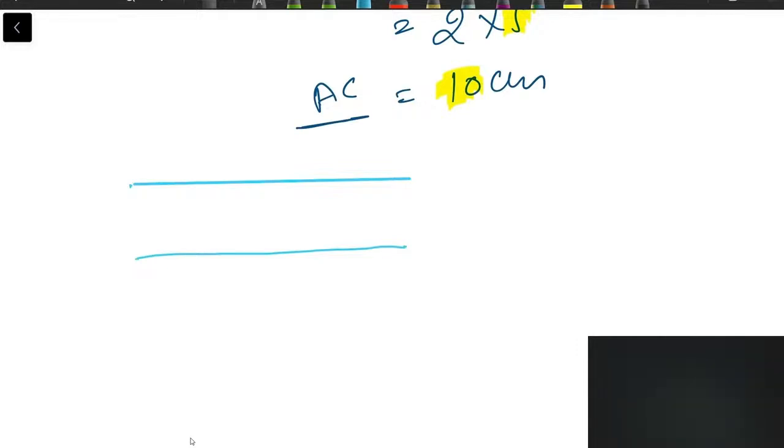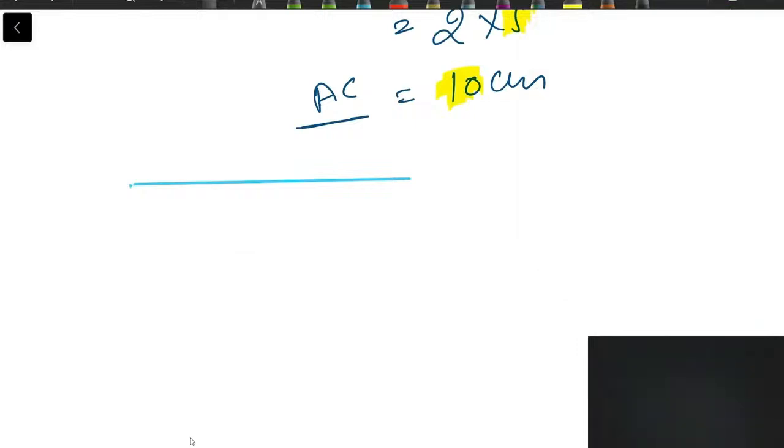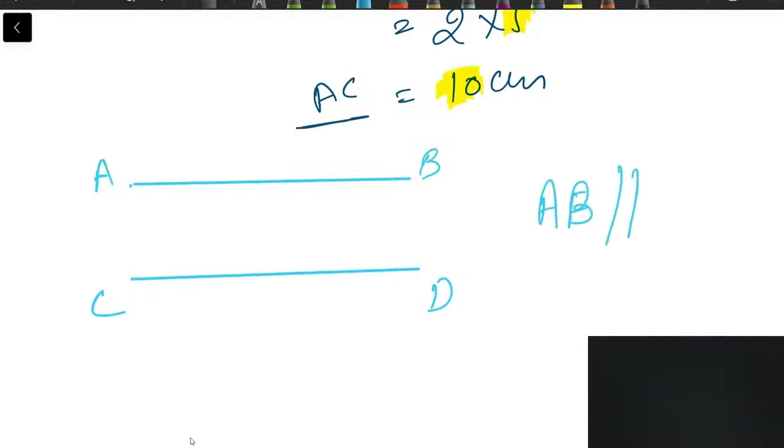So let's take these as parallel lines. So we'll take another line. We have a line AB, and another line CD. When we say AB is parallel to CD, what are the conditions?